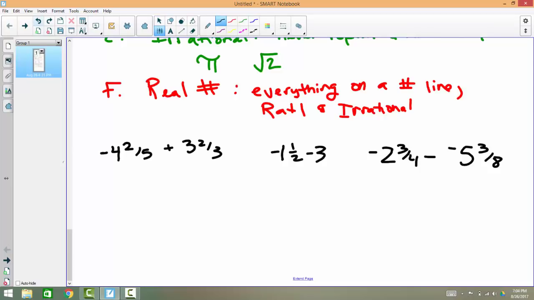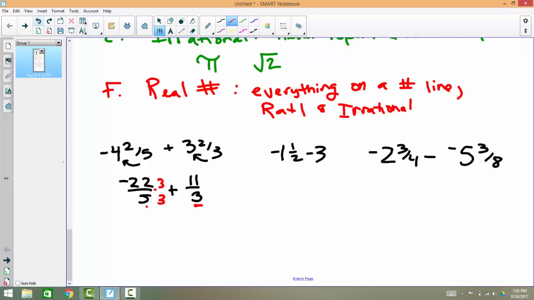All right, the negatives in front is to just make them improper fractions. So 5 times 4 is 20, plus 2 is 22. So this is -22/5. And this is 3 times 3, which is 9, plus 2, which is 11. So 11/3. And then you need a common denominator to add. So we would need to multiply this by 3, which is the denominator here.